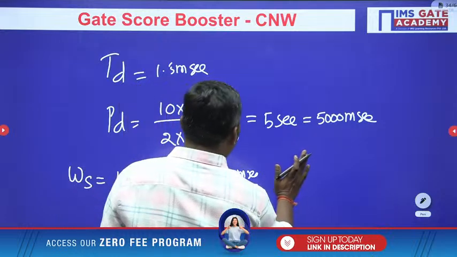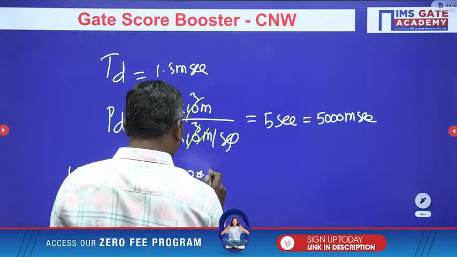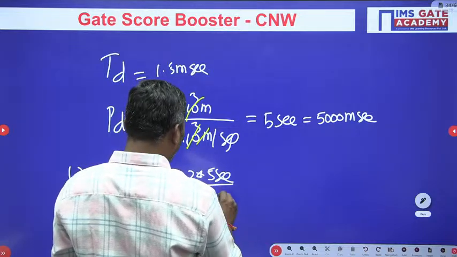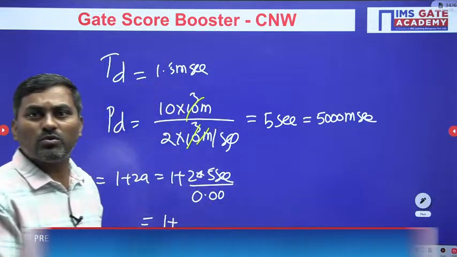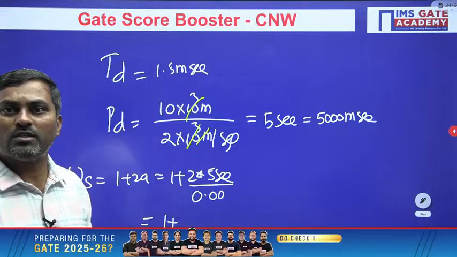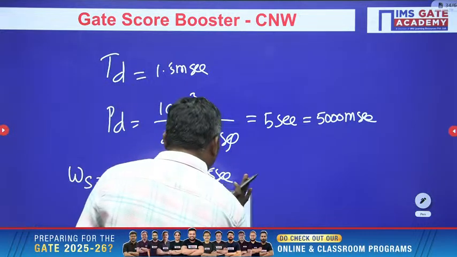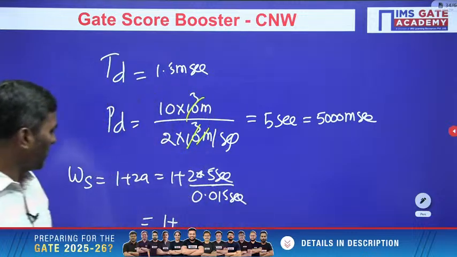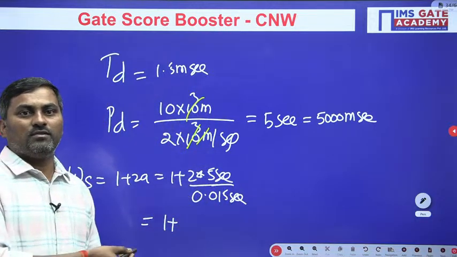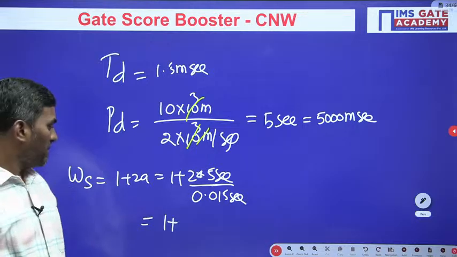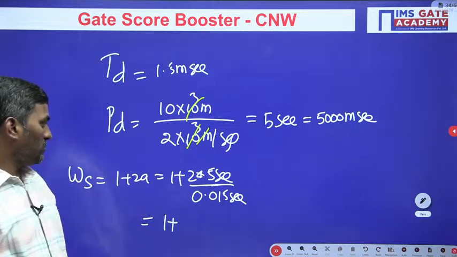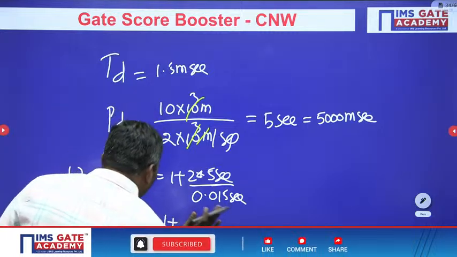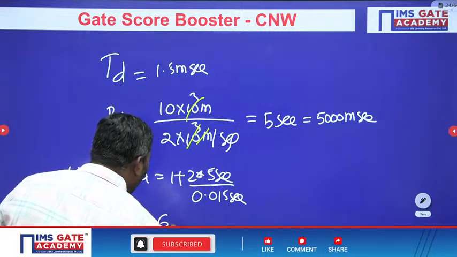Let me keep it 5 seconds, divided by 0.015 seconds. What is the simplified value? Triple six, total 666 you are telling, okay.